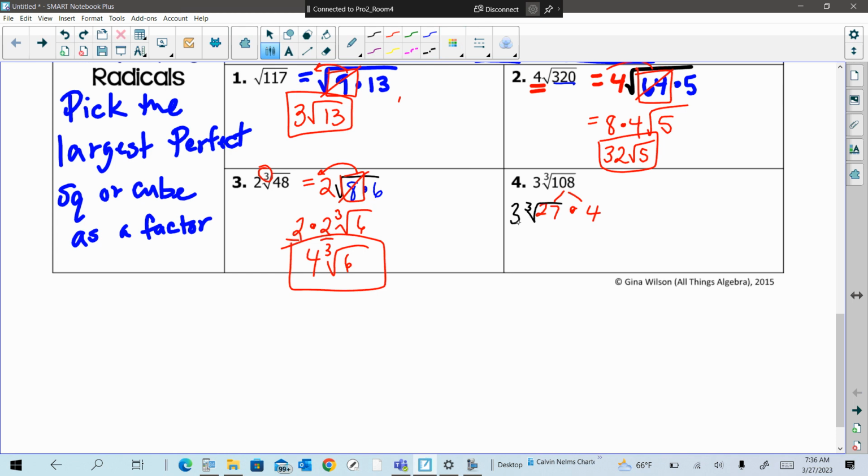We already have a 3 in front, and then you're going to take the cube root of that 4. Well, the cube root of 27 is 3. So you're saying 3 times 3, which is 9, leaving you with the cube root of 4. If it's not a perfect square or a perfect cube, that number should stay underneath the radical. Yes, Jose?